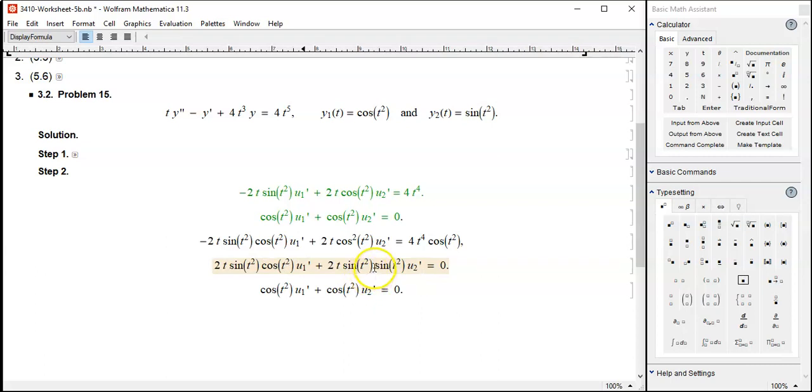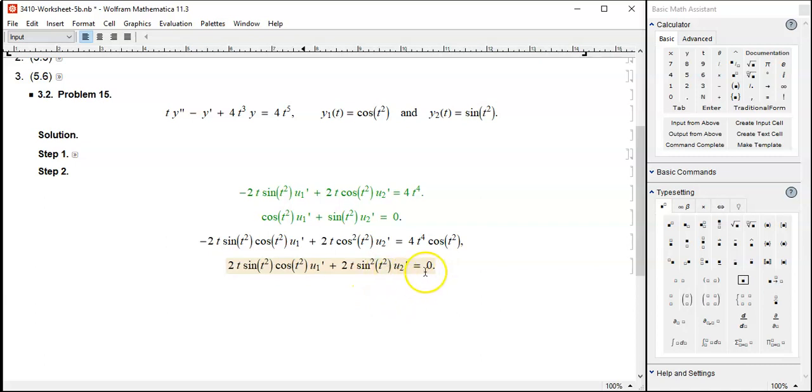If I multiply by 2t sine of t squared to each term, this one and that one, that's what you're going to get. Why do I have cosine here? This should be sine. This should be y2. Okay, this is sine squared.